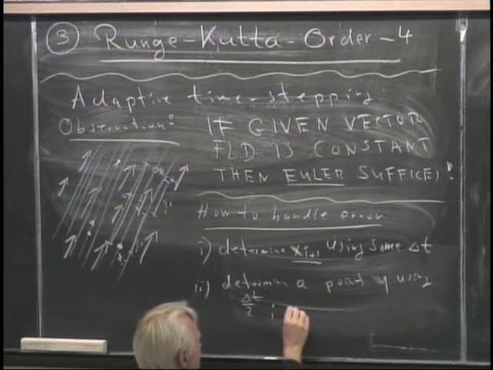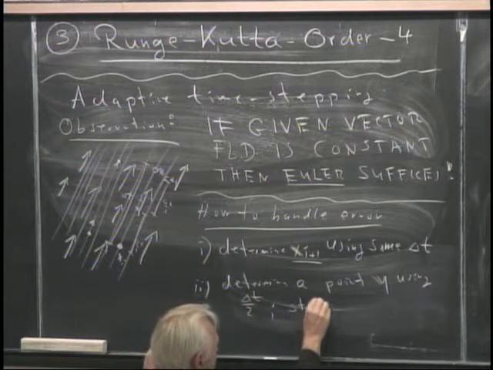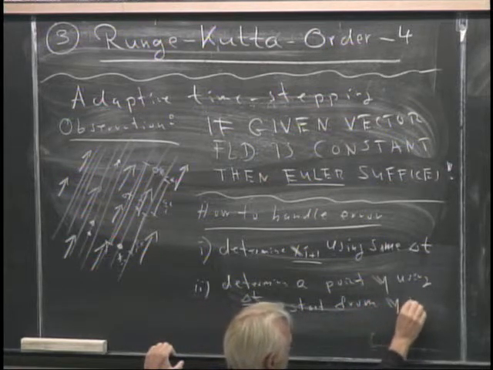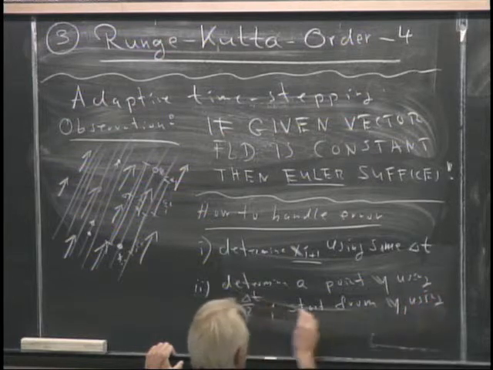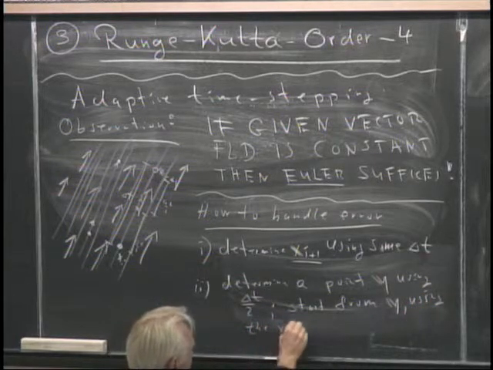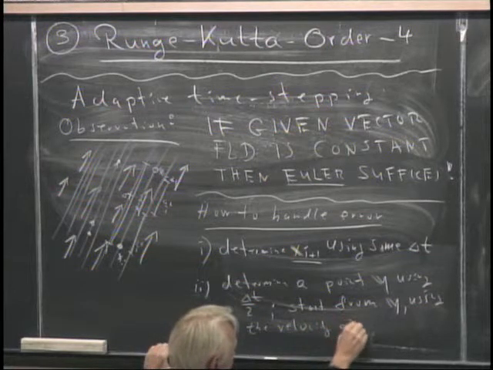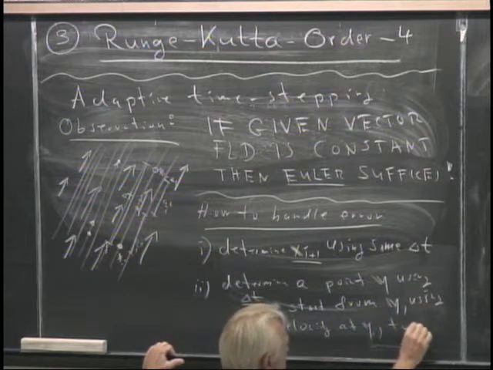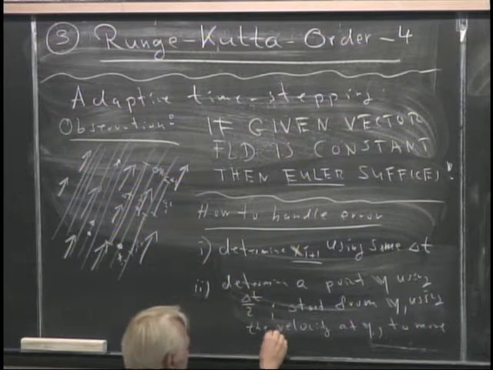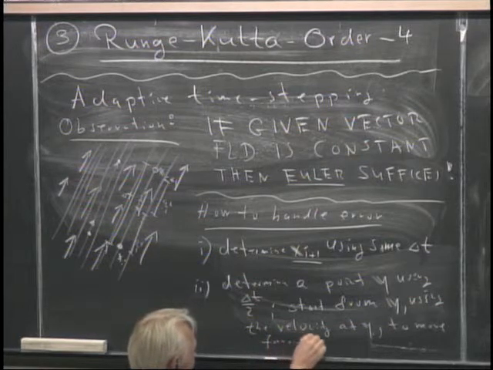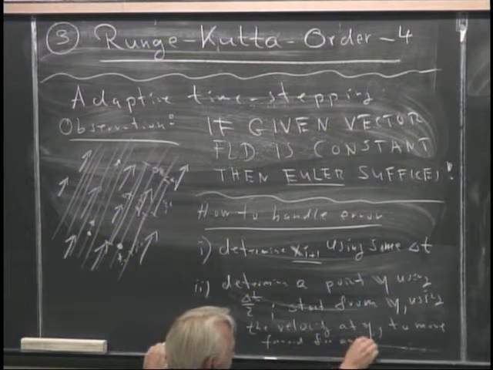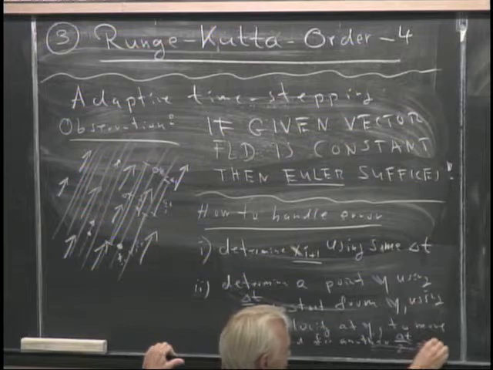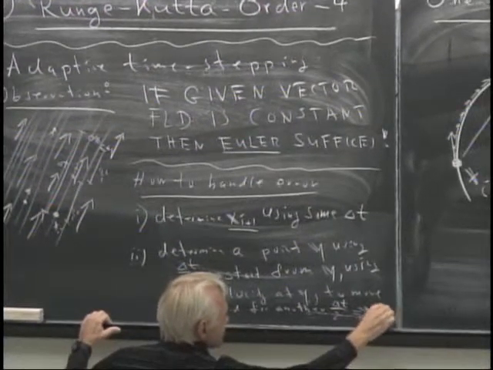Once you have that, then you start from y, using the velocity at y to move forward for another delta t over 2. And you end up with a point which I call xi plus 1 tilde.